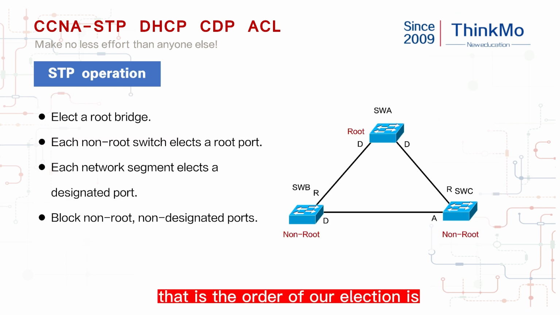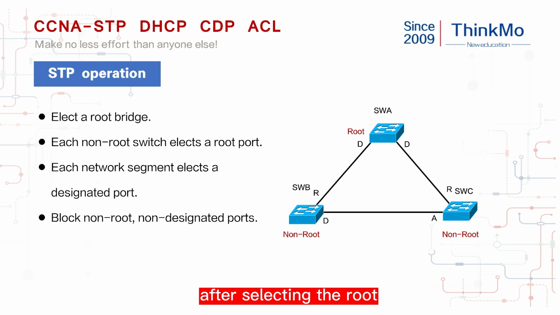That is, the order of our election is root first. After selecting the root, select the root port. After selecting the root port, select the designated port. Then the rest. Not a designated port. Also those ports that are not root ports will be blocked automatically.